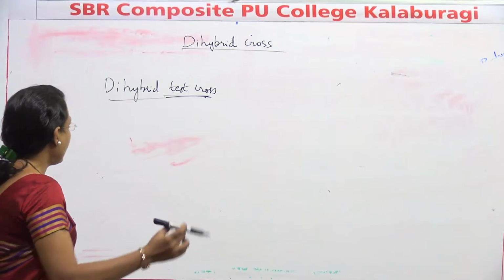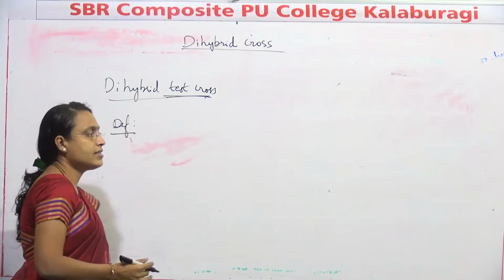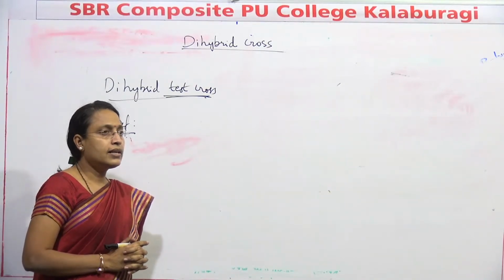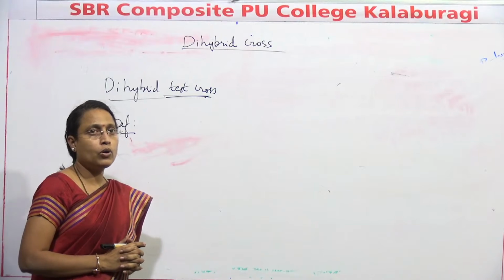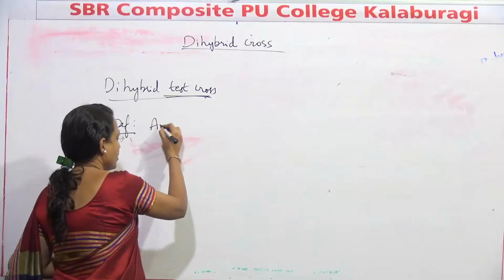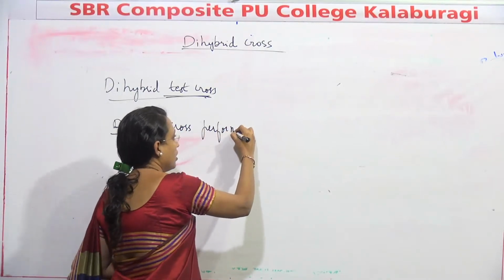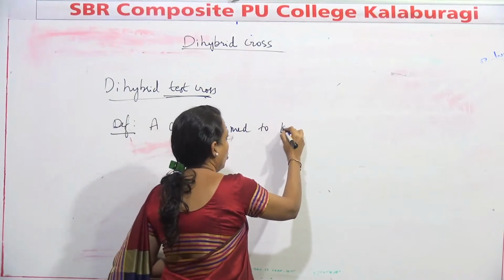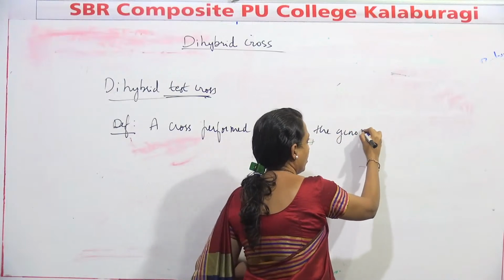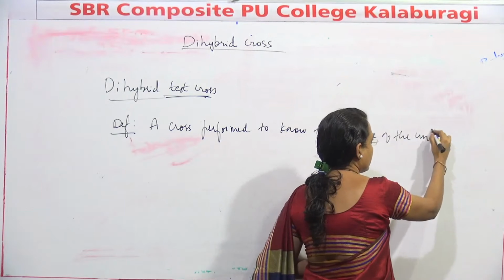Okay. Now finally, what is the definition? Writing part. The definition of test cross: a cross of the F1 generation offspring, performed to know the genotype of the unknown plant.